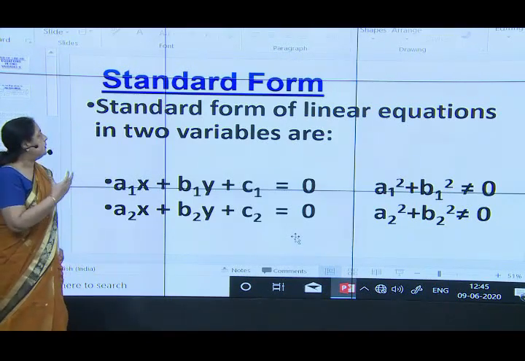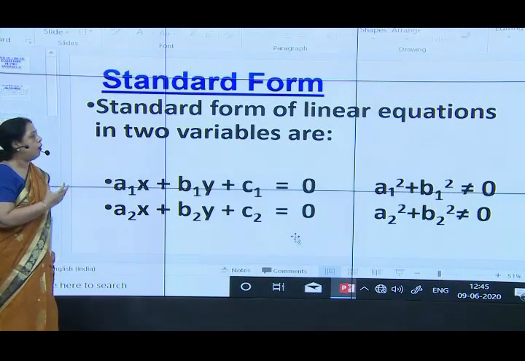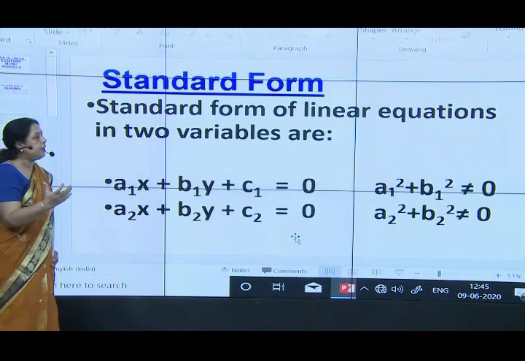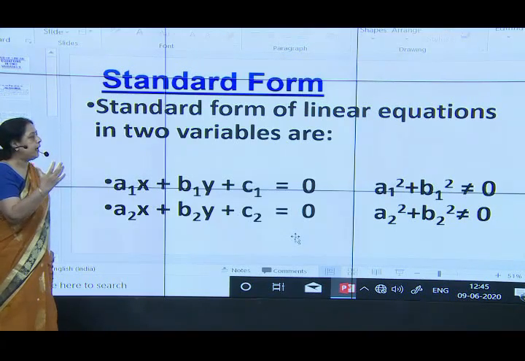Here is the standard form of linear equations in two variables.